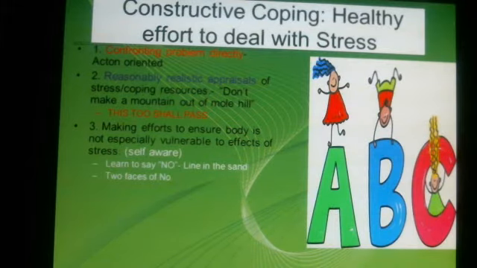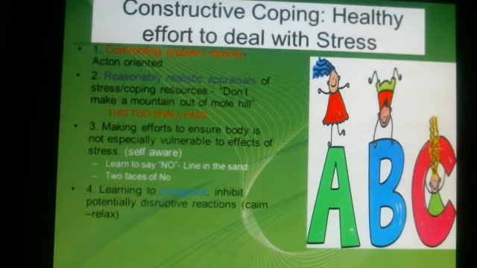I'm the president of a rec commission. I do too much. But I begin to learn to say no sometimes. I draw that line in the sand because we have to learn to do that. You need to become self-aware when you're pushing yourself too much, and you're going to get yourself into trouble then. There are 2 phases to saying no, and we're going to talk a little bit more about those in class.